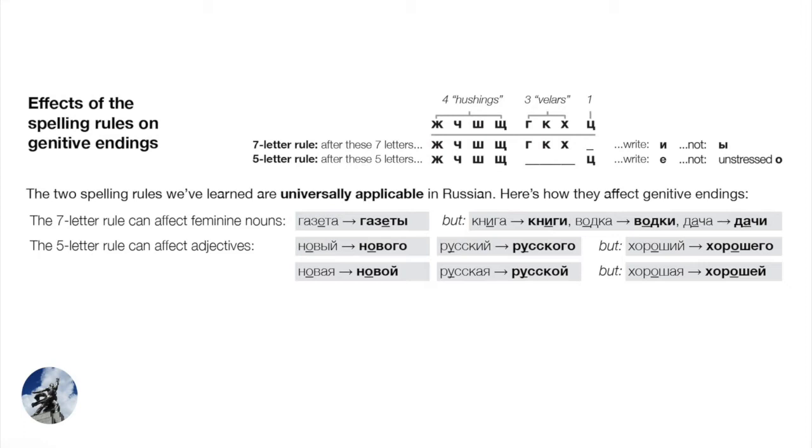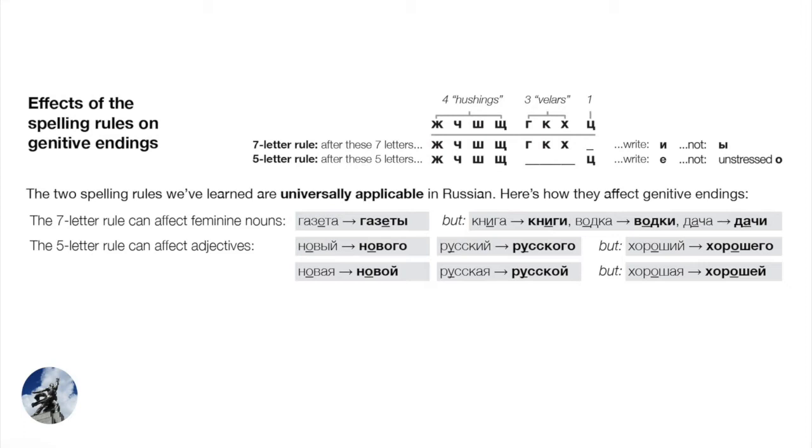But if that hard feminine noun happened to end in a velar, like a g or a ka or a ch, so if it ends in any of those seven letters, the four hushings or the three velars, remember that seven-letter rule tells us that we can't write "ui" after those seven letters. Instead, we write "e."